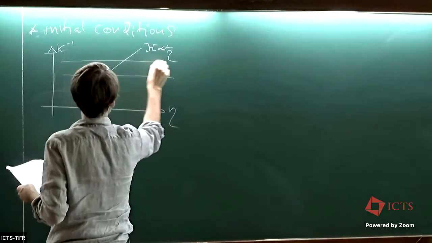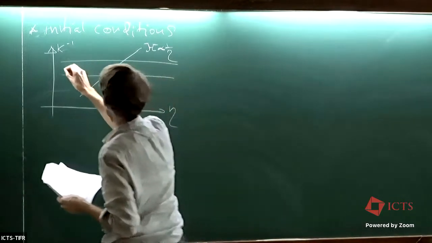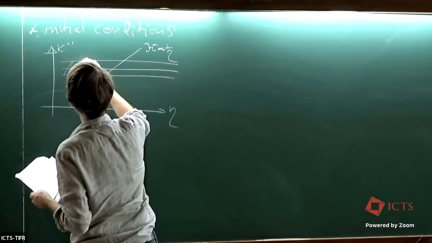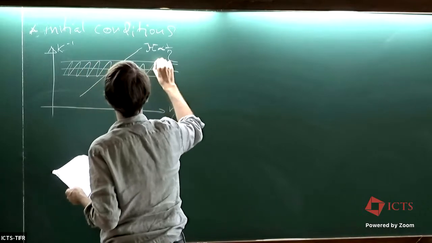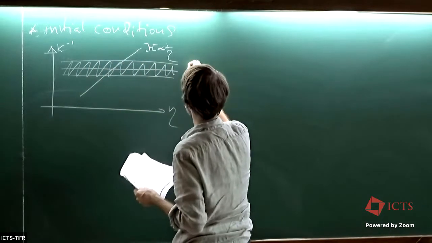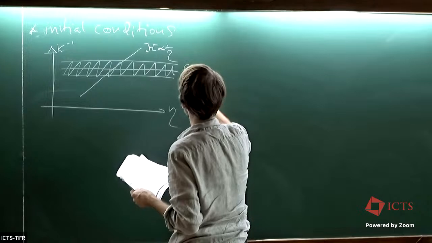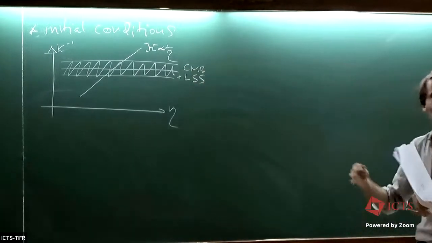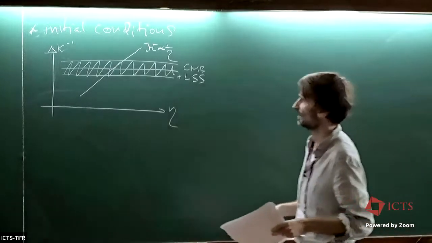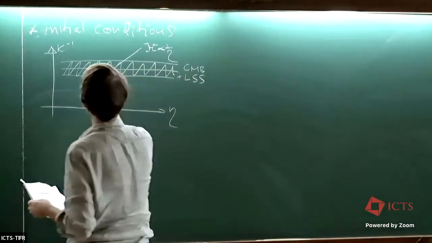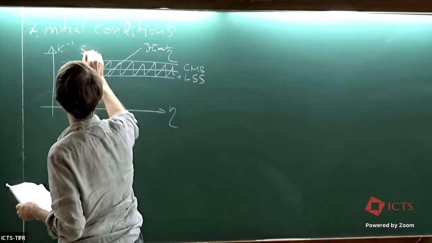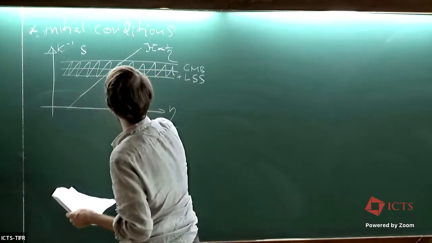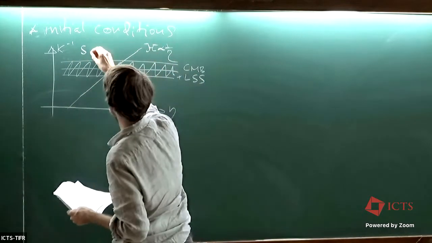Then the statement is that modes we can observe today, so in the CMB, but also in large-scale structure, these modes we are sensitive to with our observations, they started out being super-horizon, so on that side of this dividing line.